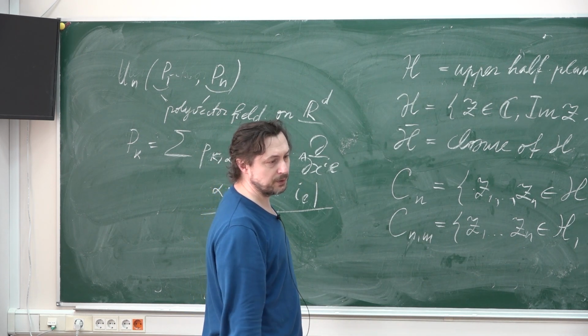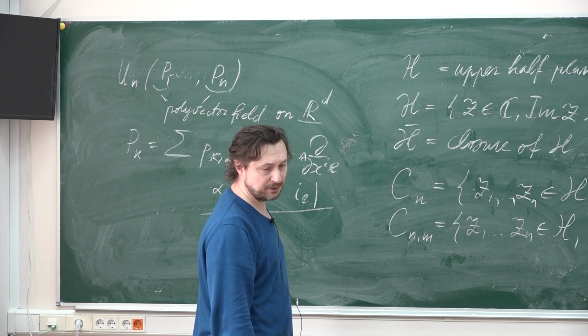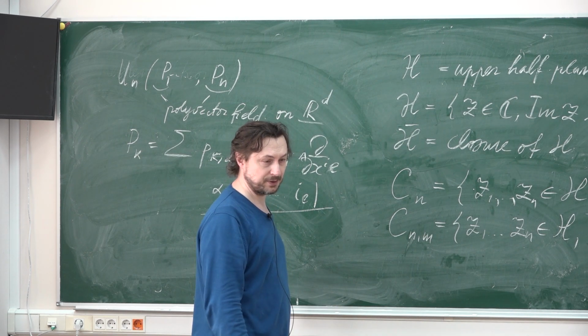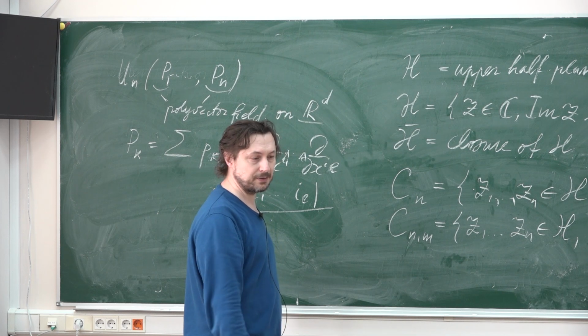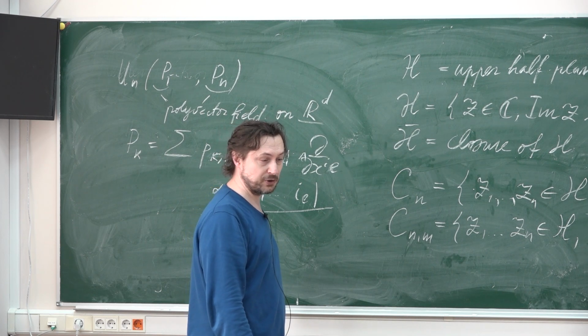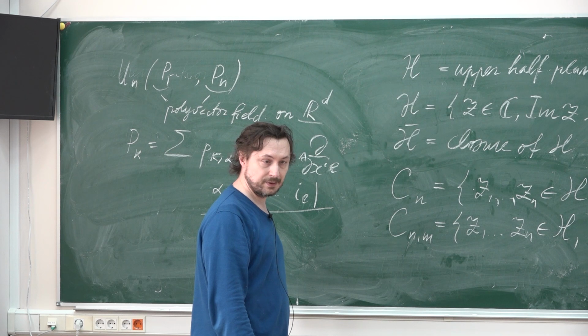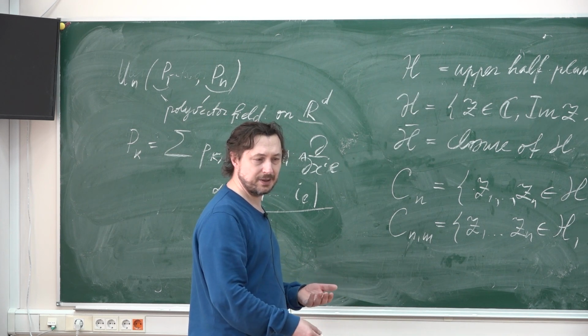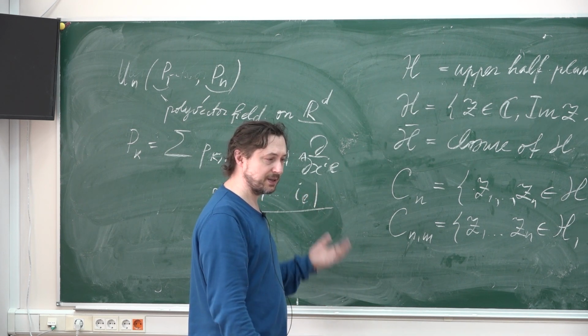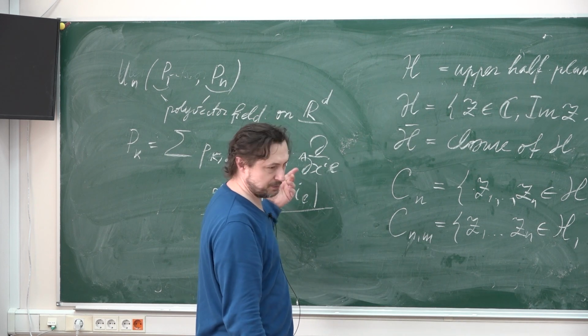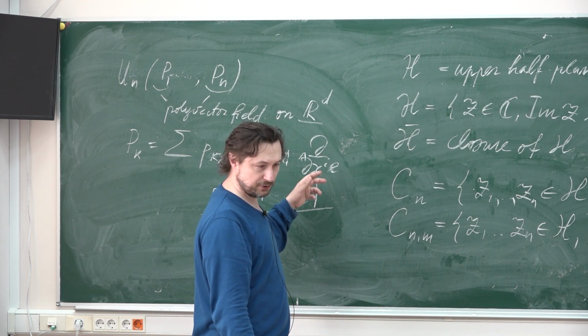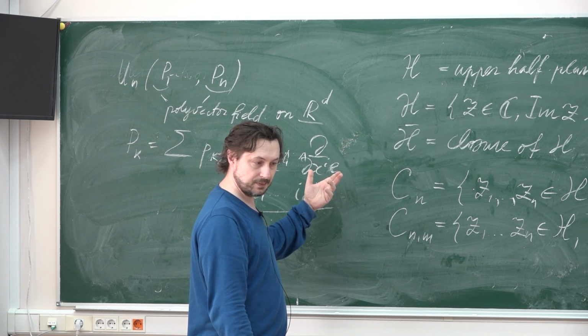What can you do with polydifferential operators to get other polydifferential operators? There is one thing you can do. You can substitute one polydifferential operator into another. You can also take wedge products, you can take cup products, you can take something else, but the most natural operation which produces new differential operators from some old differential operators is substitution.